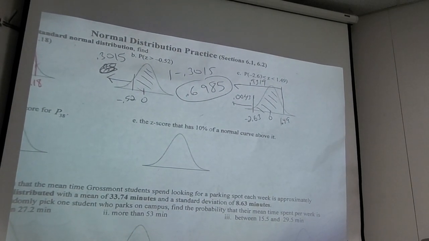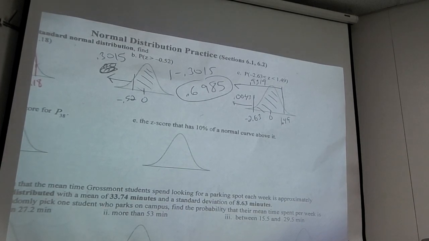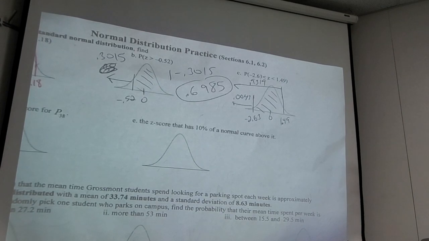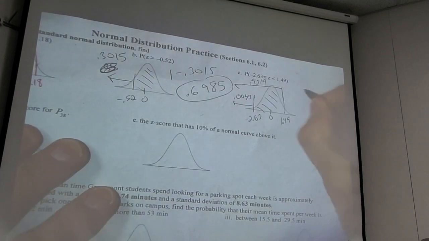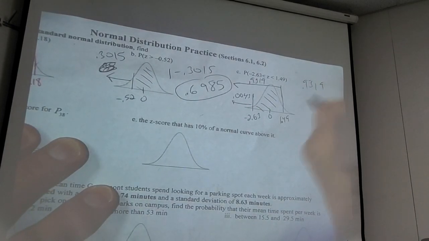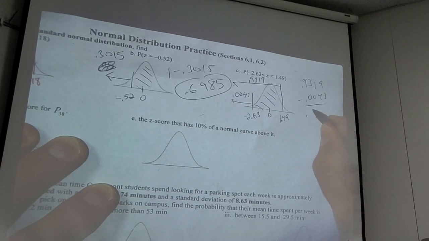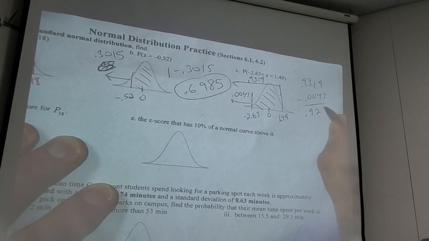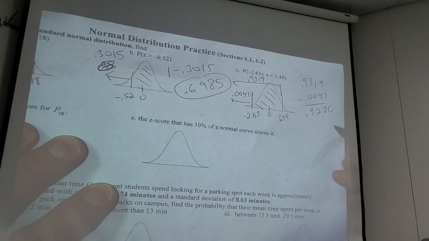I've included too much in that first one. I just have to subtract the area from the second one, and that'll be the area in between. So whatever 0.9319 minus 0.0043 is, 0.9276.